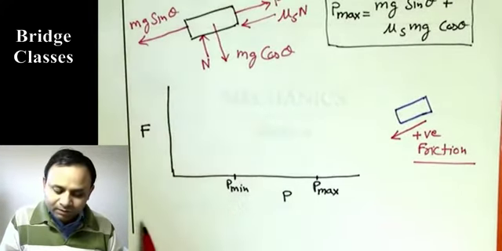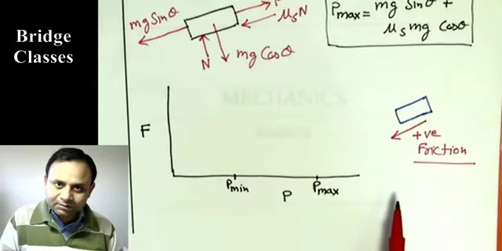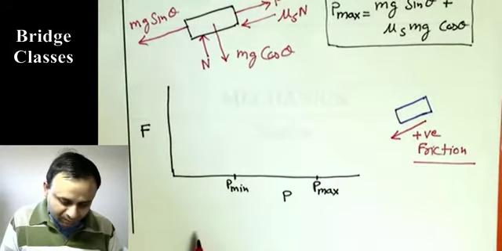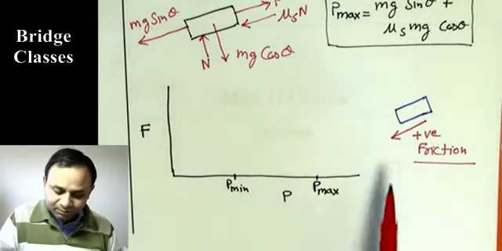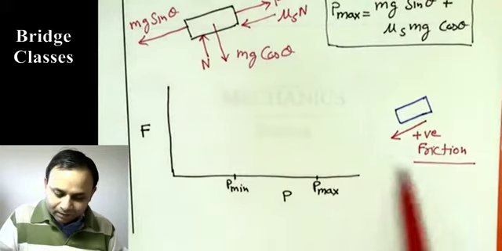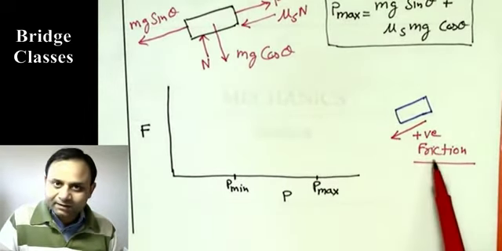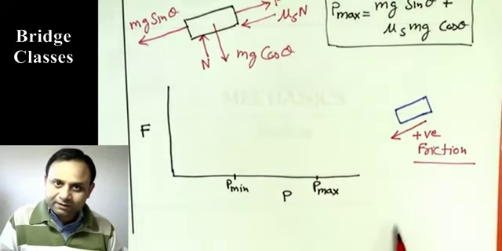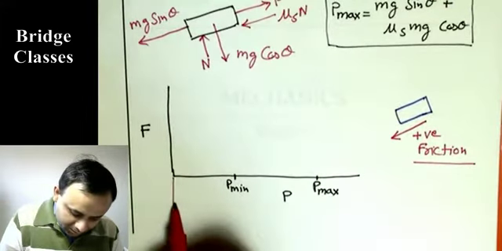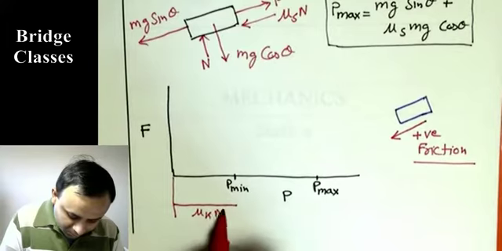Since it is going to move downward, friction acts upward, so friction is negative, because upward we are taking as negative. It is kinetic friction, so it will be like this, and this is mu k N up to this point.